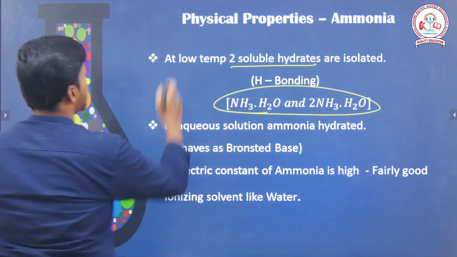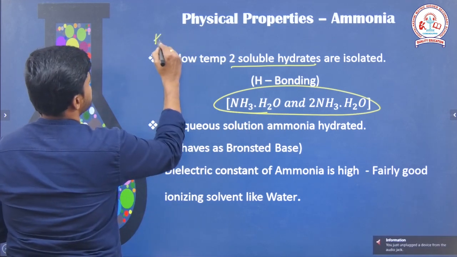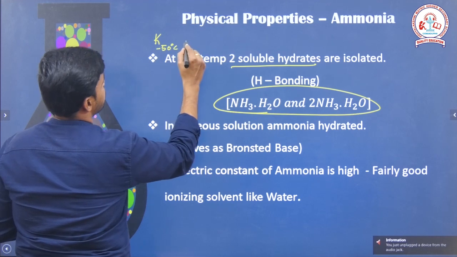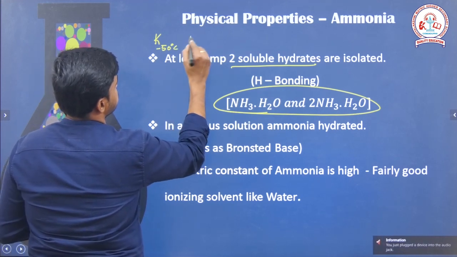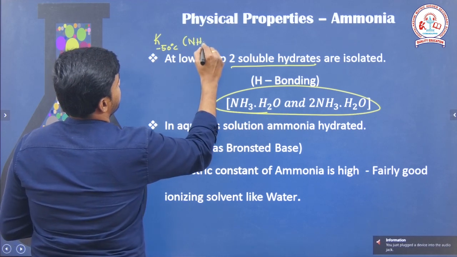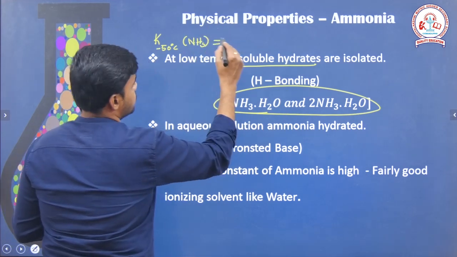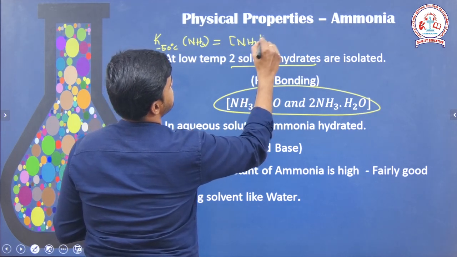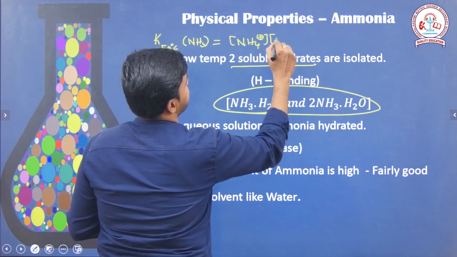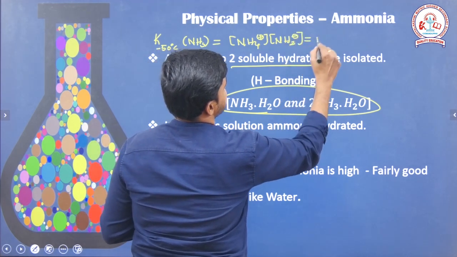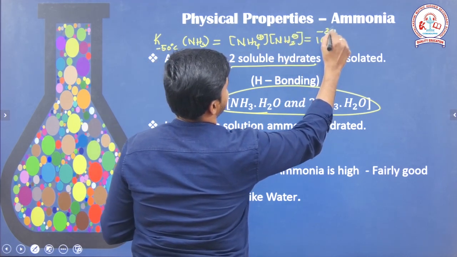Okay, dielectric constant எப்படின்றதுனா if you are measuring this equilibrium constant at minus 50 degrees Celsius for ammonia, it will be equals to NH4 plus and NH2 minus, which is equals to 10 power minus 30.